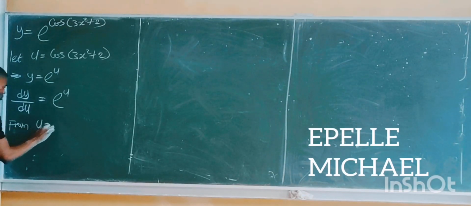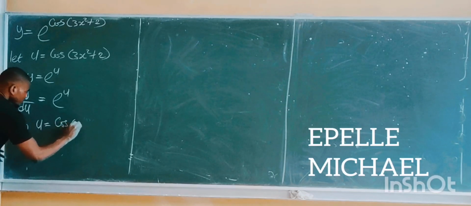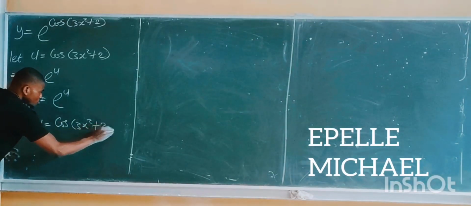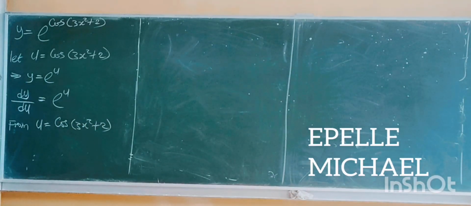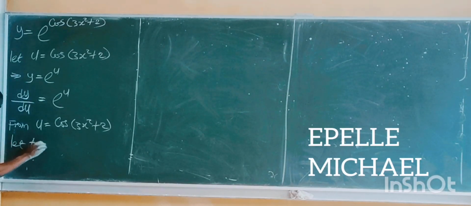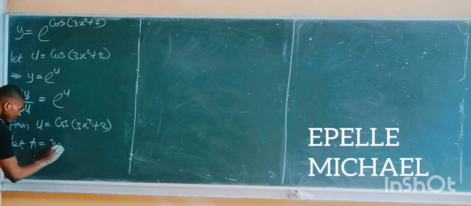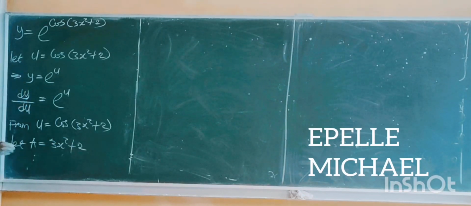Now from u equal to cos(3x squared plus 2), let a be called 3x squared plus 2.